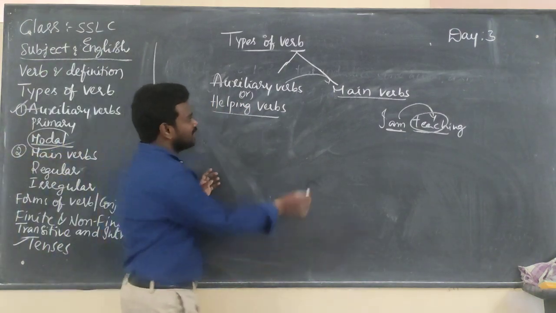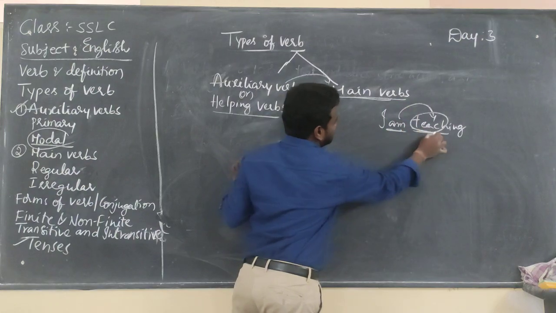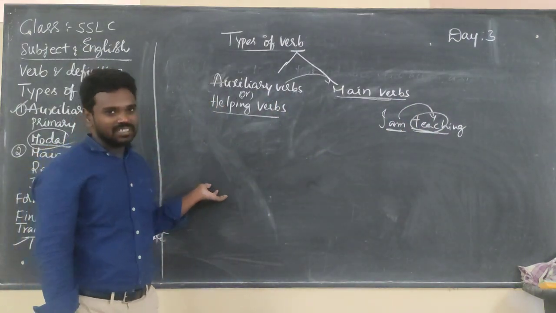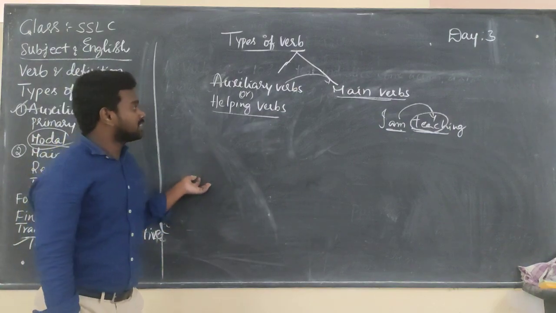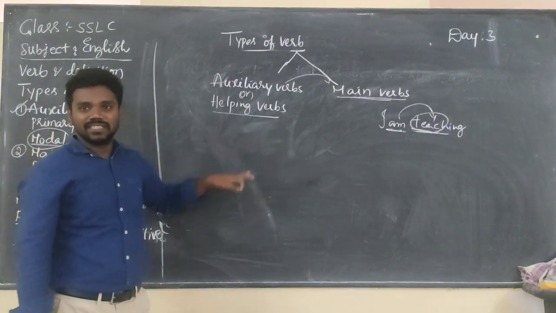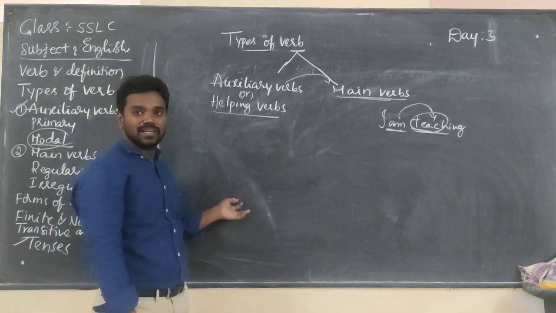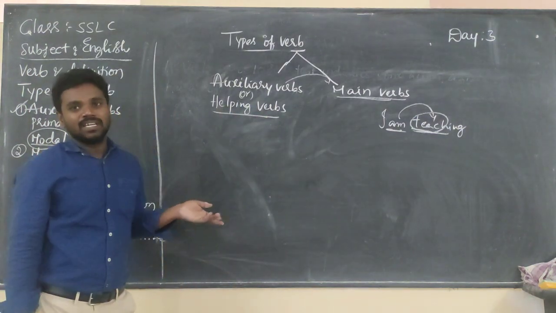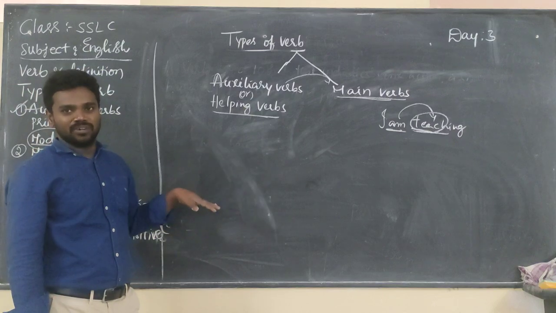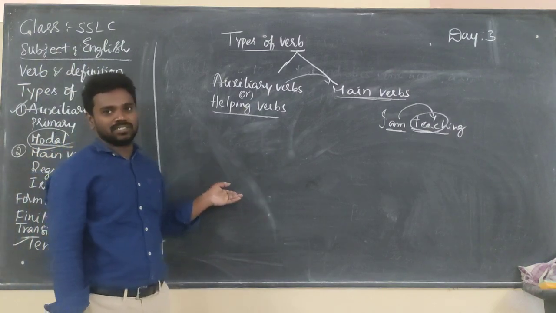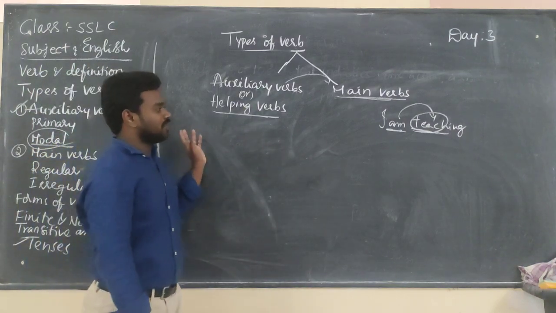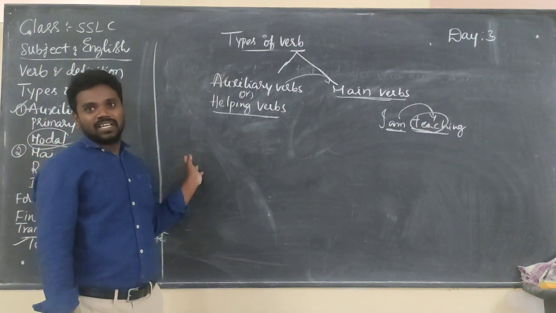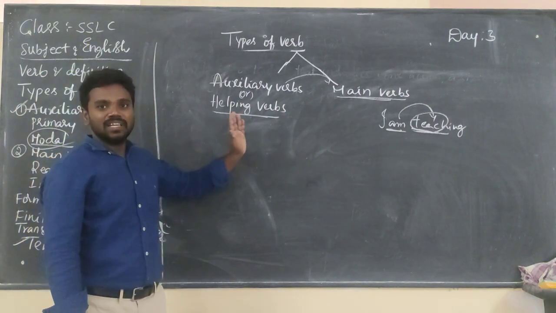That means here the main verb, teach, functions independently in a sentence, whereas helping verbs help the main verb. So that means it depends. It cannot function independently in a sentence.